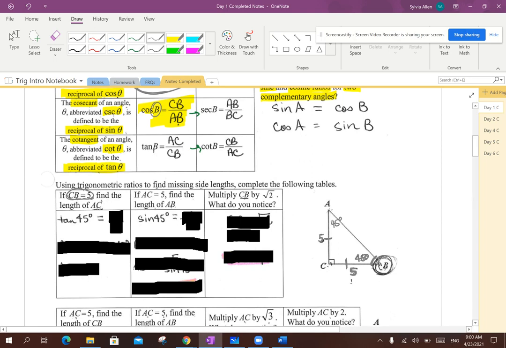So we are asked to find the length of AC. So what we are trying to find was this AC. Now, again, we should already know that the length of AC is 5, but let's just go through the ratio. If you only marked up 45 degrees because it was given, and this is 5, and we didn't know what this was, so this was a question mark.